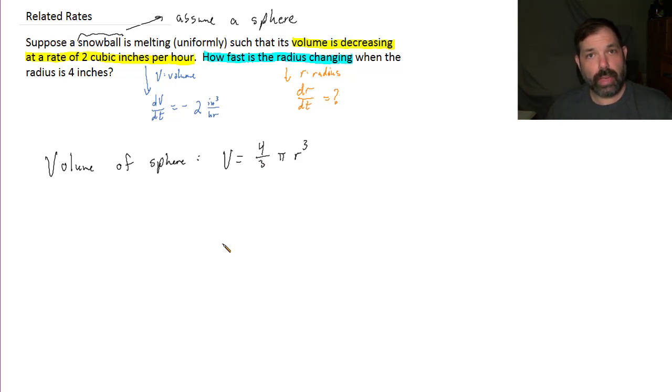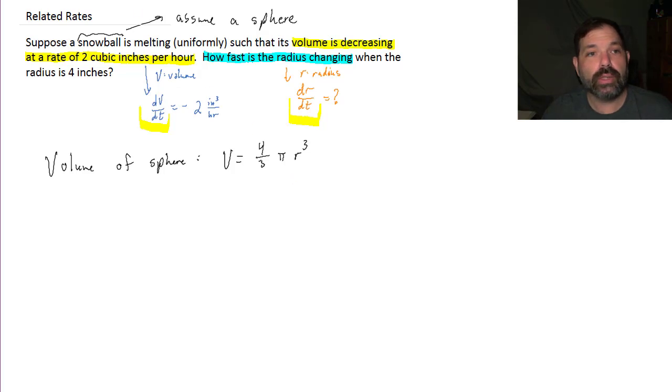So notice now that I have the volume and the radius related. It should seem reasonable then that the rates at which the volume and the radius are changing respectively should also be related. I know something about the change in volume with respect to time. I want to know something about the change in the radius with respect to time.